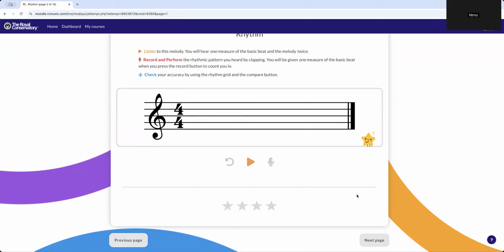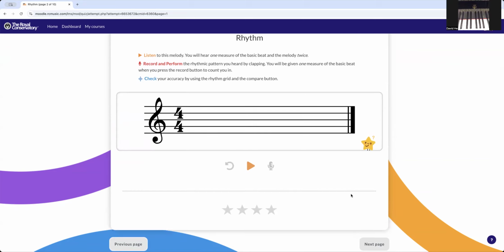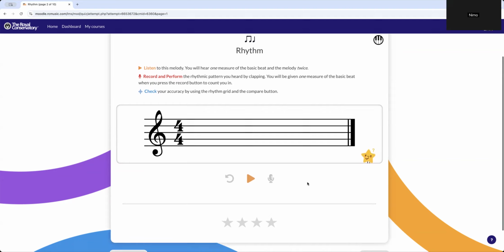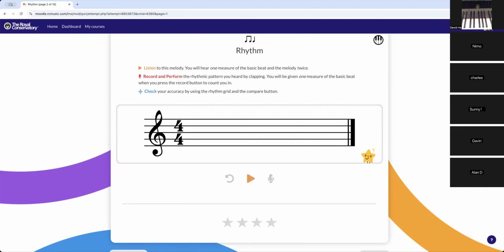Rhythm is... let's listen to this one first. Okay, so you can use the ta and ti-ti. I'm going to do this one.